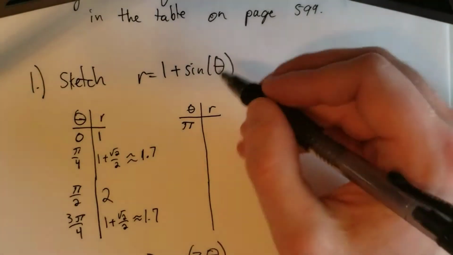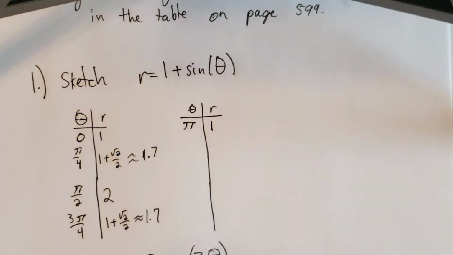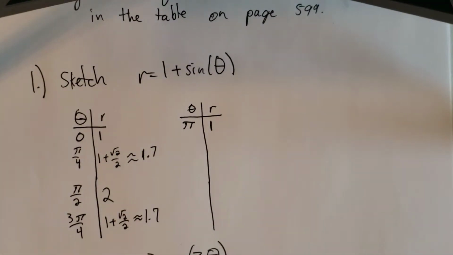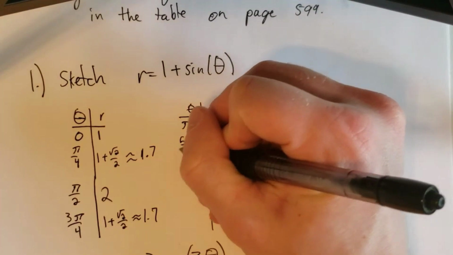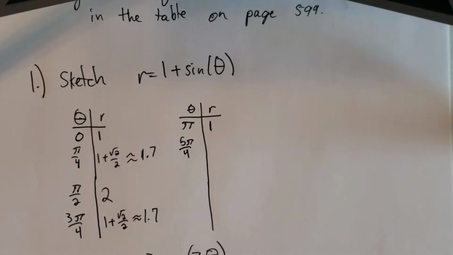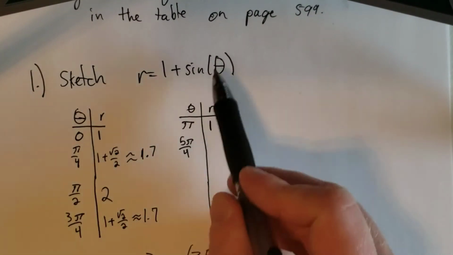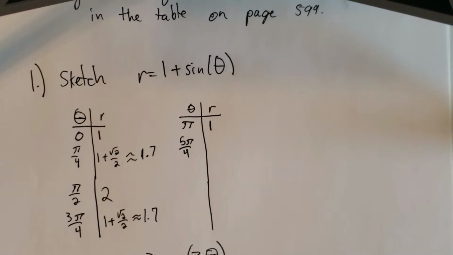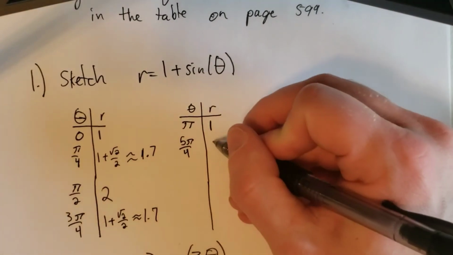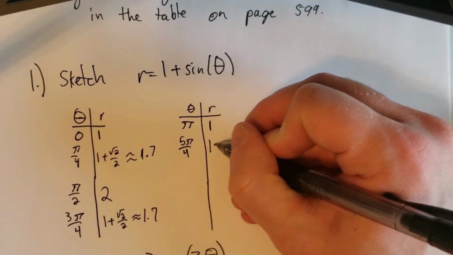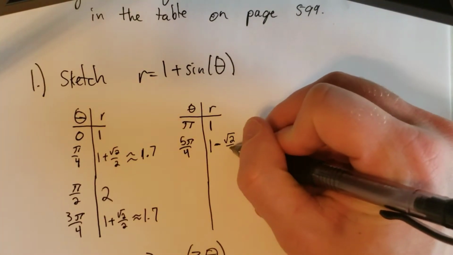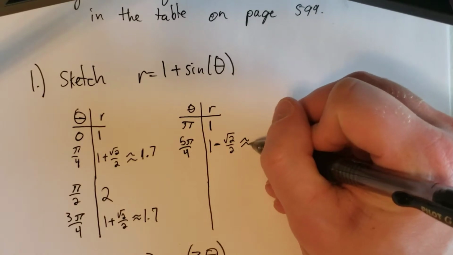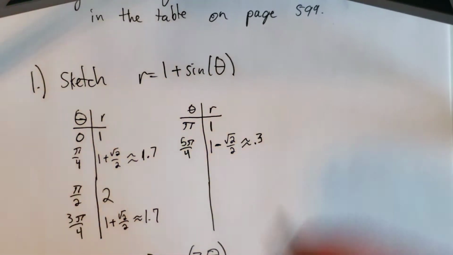Sine of pi is 0, and 0 plus 1 is 1. We can plug in 5 pi over 4. Sine of 5 pi over 4 should be negative root 2 over 2, so this is 1 plus a negative root 2 over 2, which is approximately 0.3.